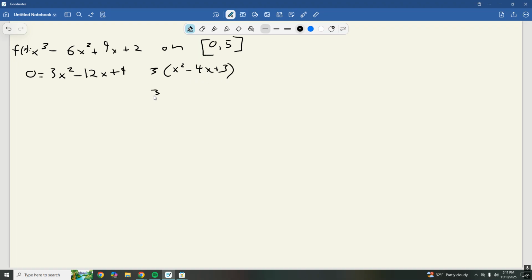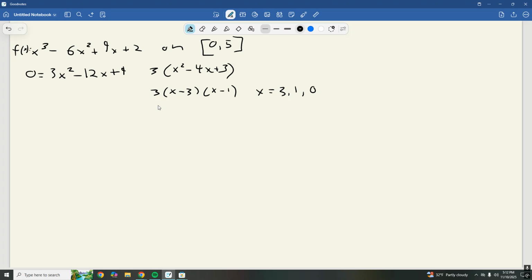Alright, now we need to factor this, which is x minus 3 and x minus 1. And this gives us critical points: x equals 3 and x equals 1.